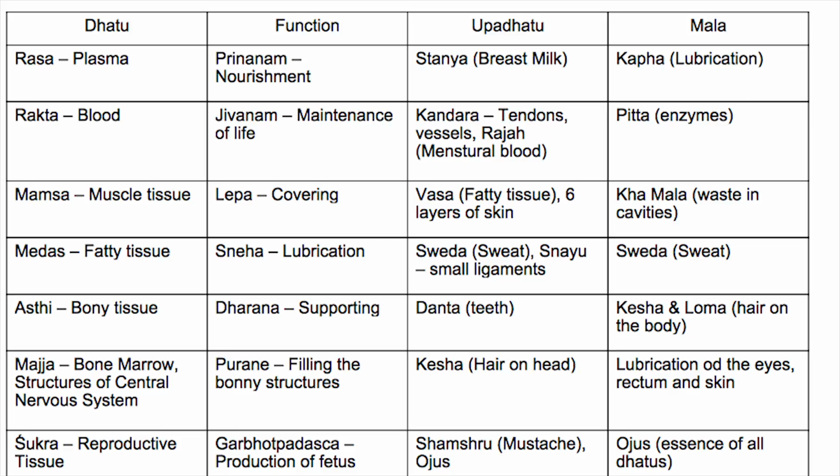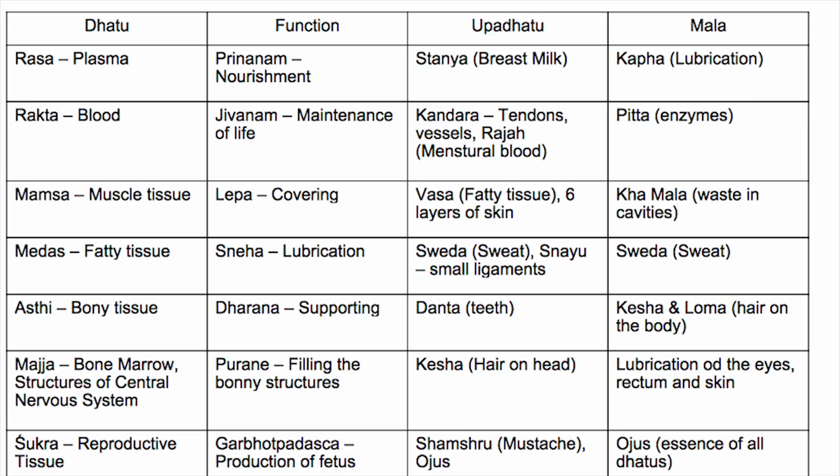So the majja is known as bone marrow, as well as the structures that are located within a bony structure. So for instance, the organs such as the brain and the spinal cord and the central nervous system, all of that is included under the majja dhatu because they are located, or they are engulfed by a bony structure.